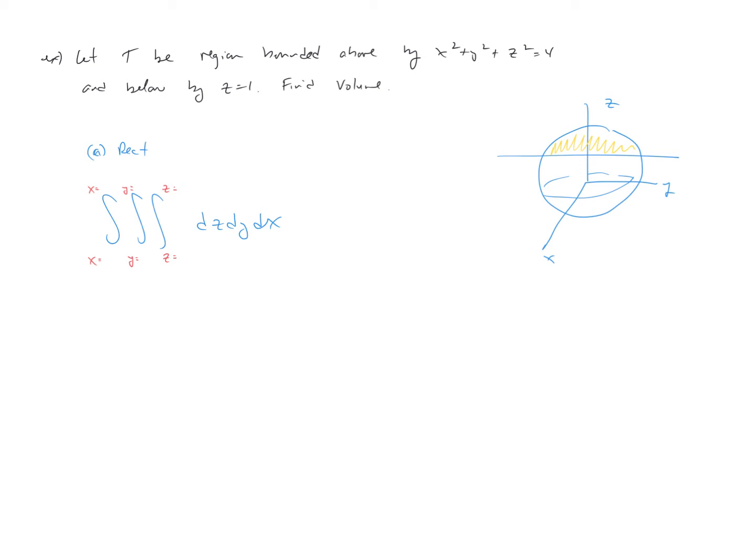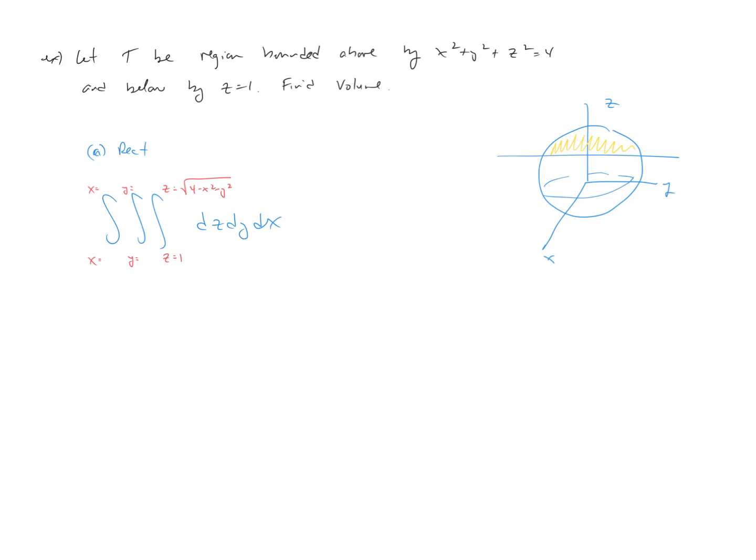Now, to get things started with the z, we'll have our top part here and our bottom part here. The top would be the sphere, the bottom would be the plane. So the bottom would be that 1, and then that top would be the root 4 minus x squared minus y squared when solving this for z.